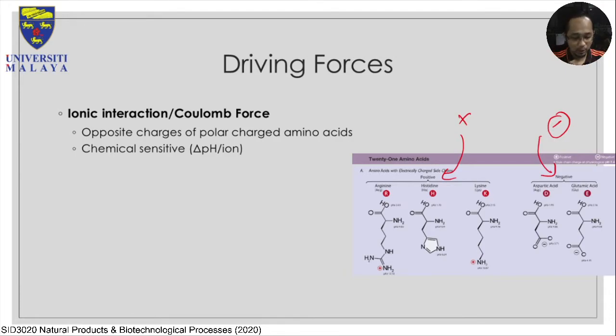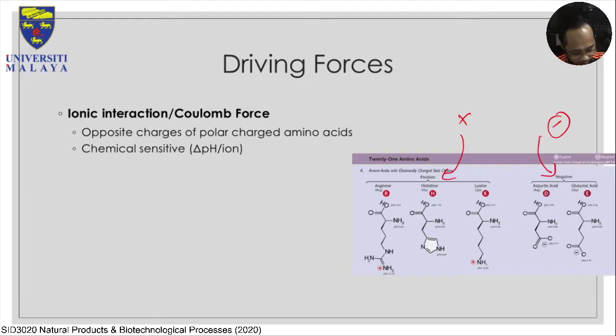Of course, again depending on the pH, they are chemically sensitive and ionically sensitive because they are polar. When you change the pH or the ionic concentration, you can change the protonation of these amino acids.